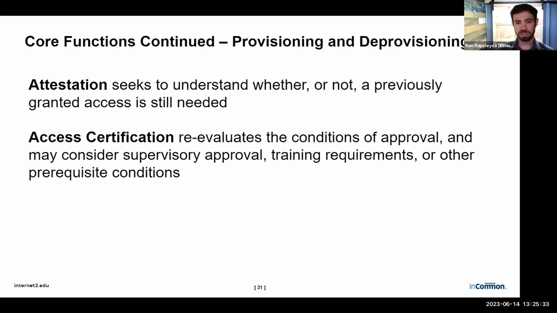Essentially, we have a query that talks to our system of record and says, okay, this person is enrolled for this next term and they have an enrollment appointment date and they've paid all their fees, they're a student. And when any one of those criteria falls off, the access certification process runs and says, okay, this doesn't apply to them, remove them. And that's really what we're looking for.